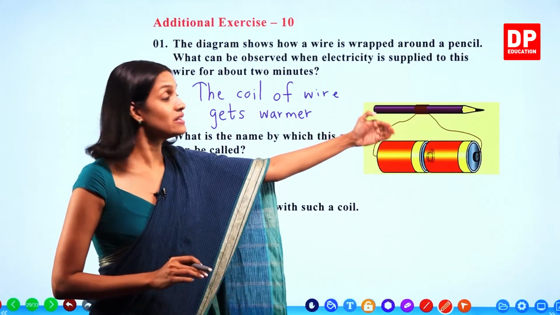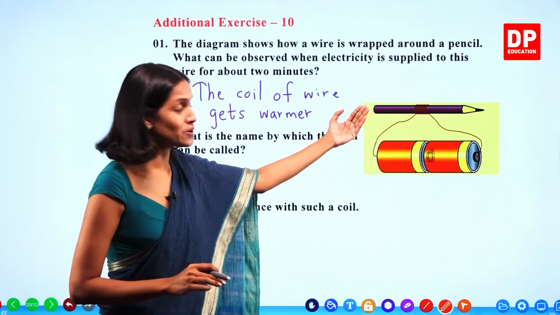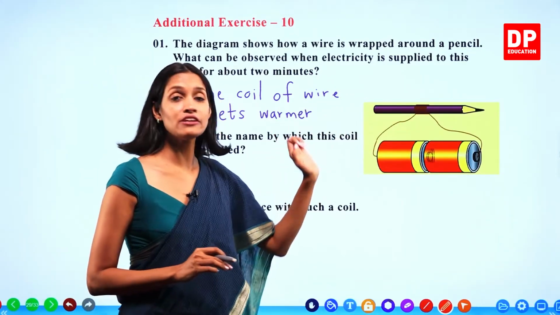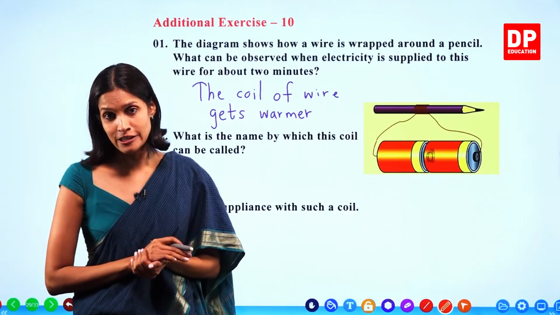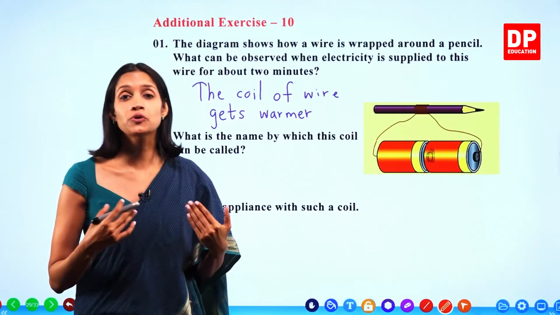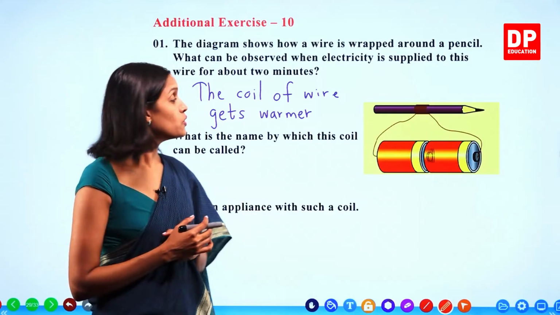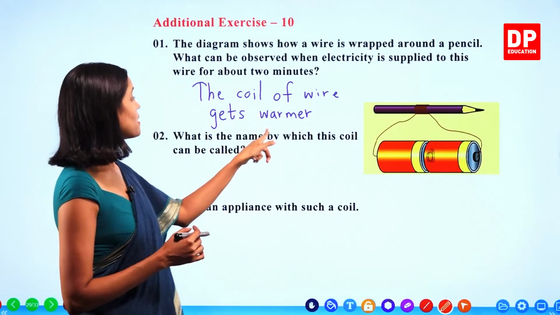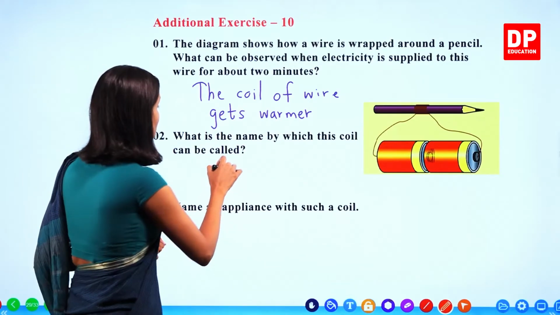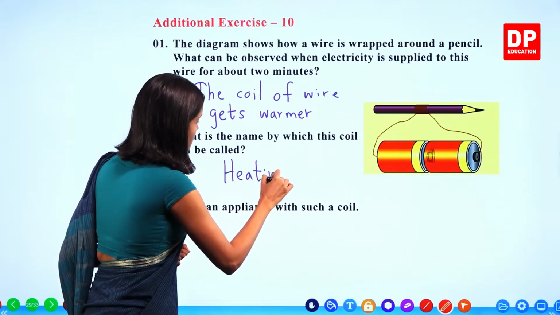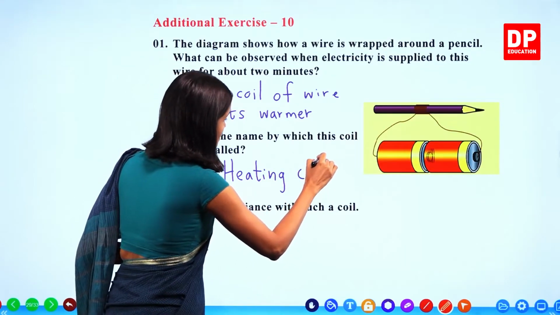You all know that these types of coils are known as heating coils. So we use heating coils in different types of electrical appliances. Hot plates, water heaters, these types of heating coils are used. Heating coils.